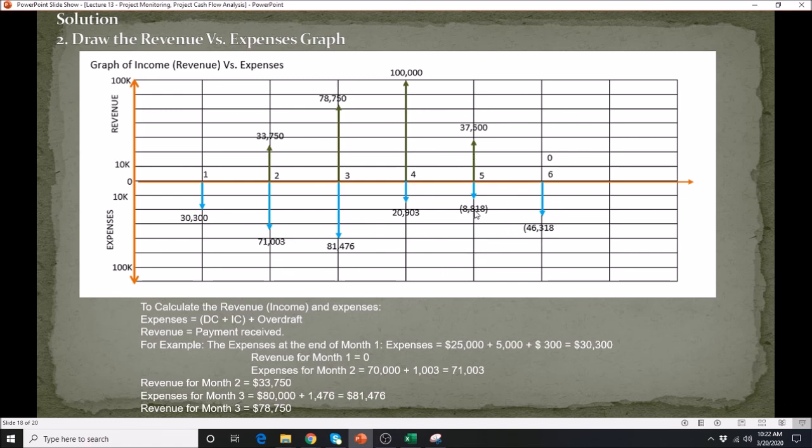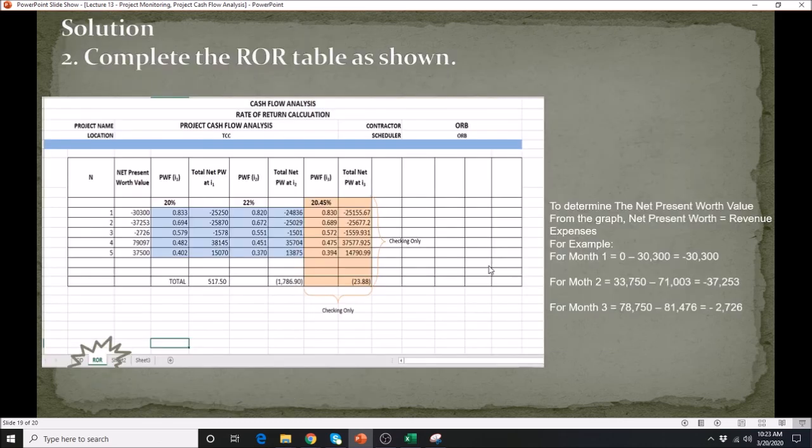This parenthesis here signifies a receivable value. We don't pay the bank or the lending company, so we don't need to subtract any expenses for both the fifth and the sixth month. That's the reason why we have 37,500 and 37,500.